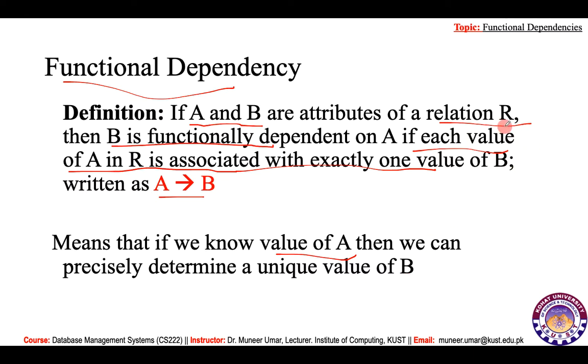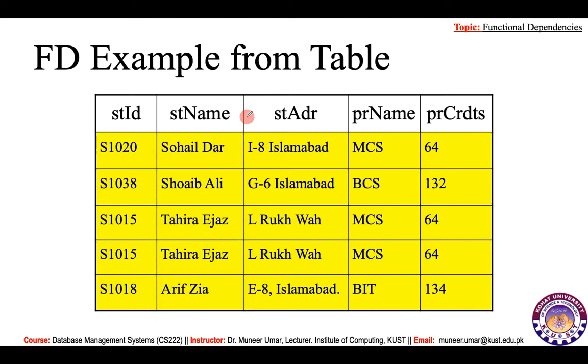We have a relation R, it has two attributes A and B. Let's say this is the table, and this can be called R, and here we have two attributes, attribute A and attribute B. Now here, if you take this MCS and look into the value of attribute B, then it would be 64.